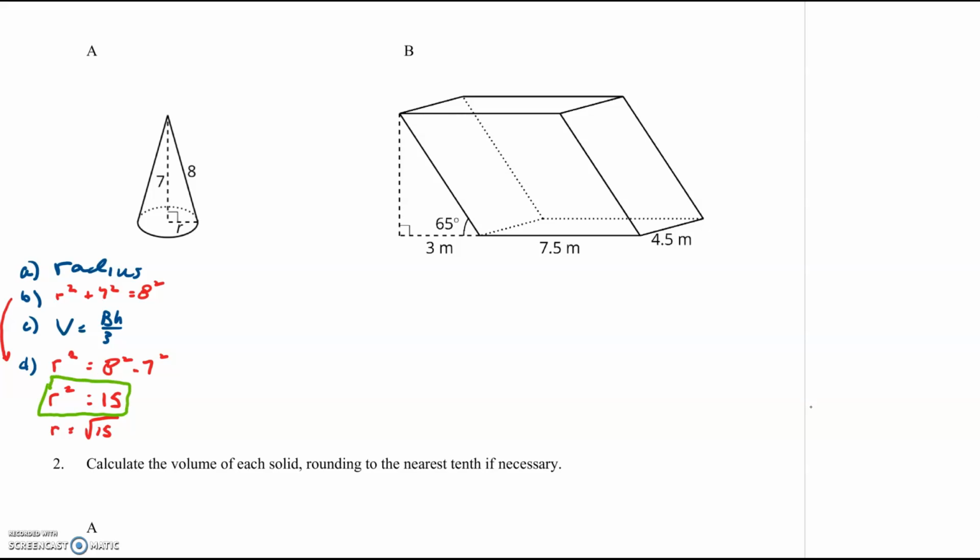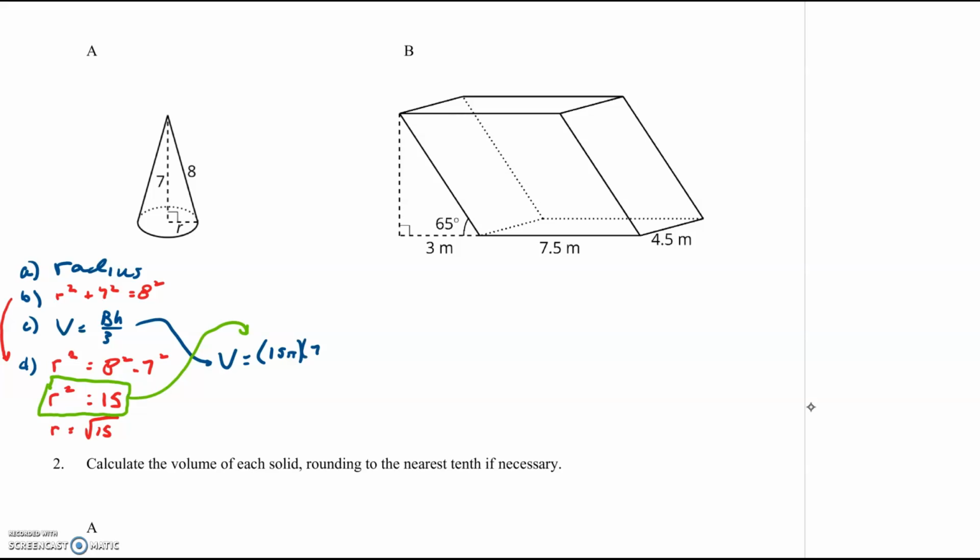If you think about using the radius in this volume formula, I know the area of the base, since it's a circle, is pi r squared. So realistically, I want to use this 15 as is, right? Because that's r squared. So I know that the area of the base here is r squared times pi, or pi r squared, same thing, times the height.